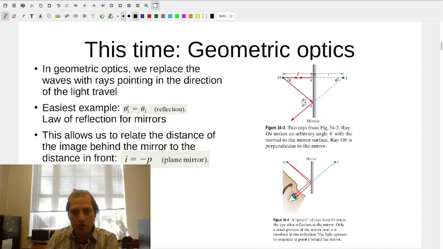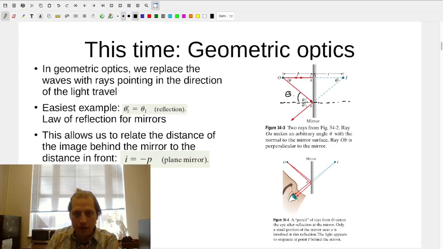But more generally, if light comes in at an angle, in this geometric optics literature we usually define angles as being relative to the normal. I'm drawing a line that's perpendicular to the interface where the light is changing directions, and then I define an angle relative to that.